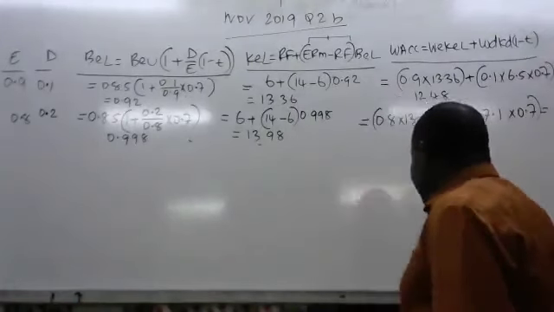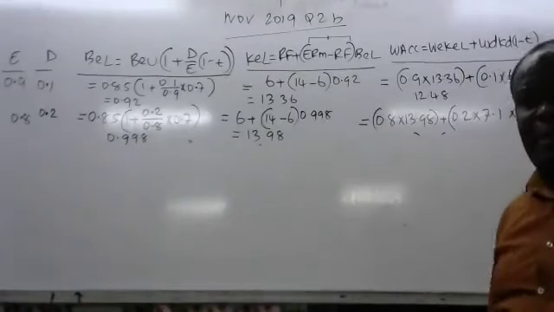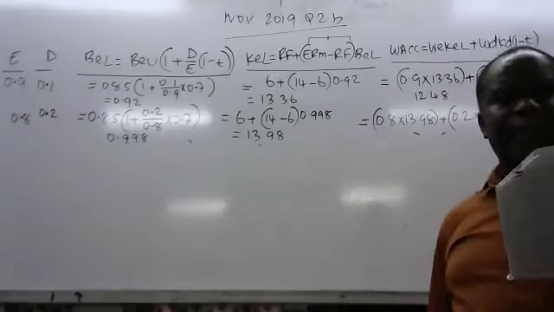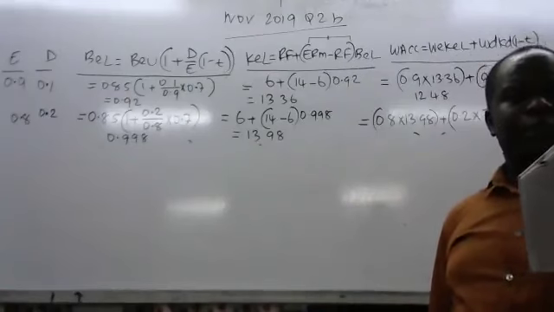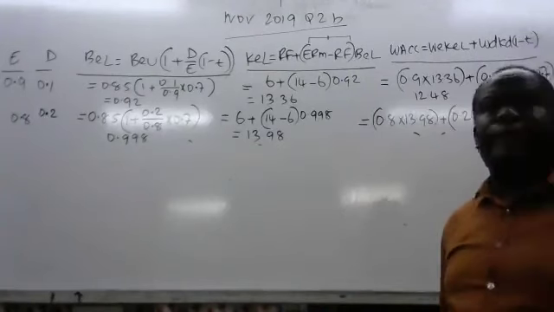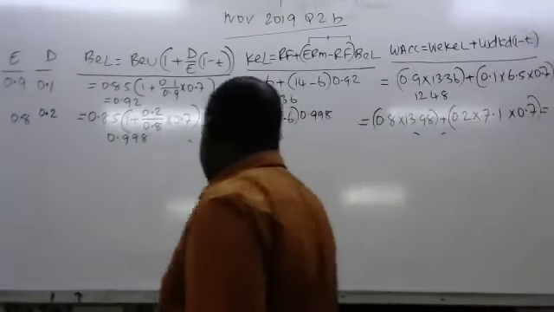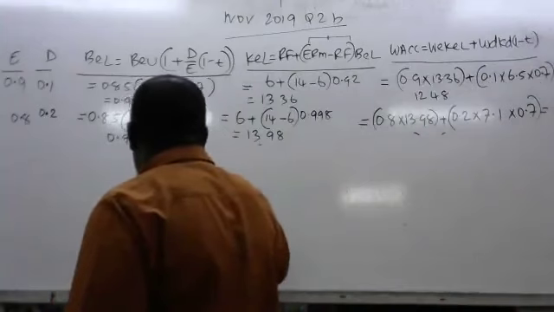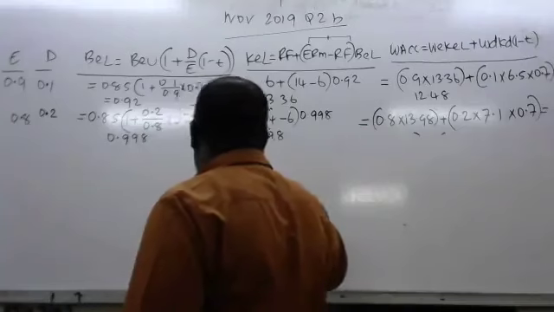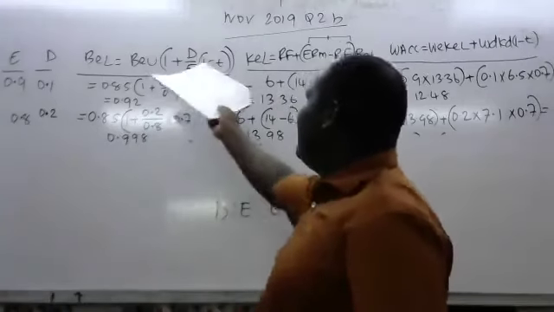So when you check the second one, I'm concerned about the second one because it is easier. You see that second one, debt to equity ratio, they have given us 0.25. So this is what they have done.